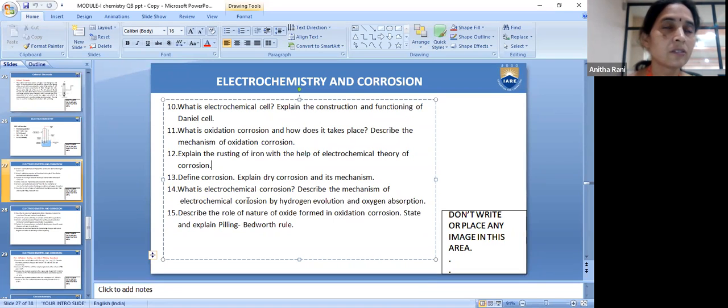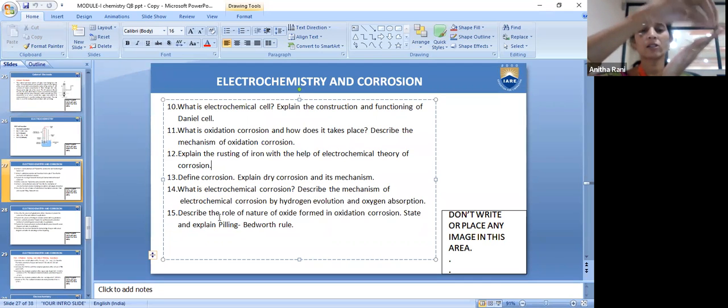So there will be formation of an electrochemical cell: on the surface of the metal, some part becomes anode and some part becomes cathode. At the anode part, oxidation takes place. At the other part, the cathode, the reduction reaction takes place.